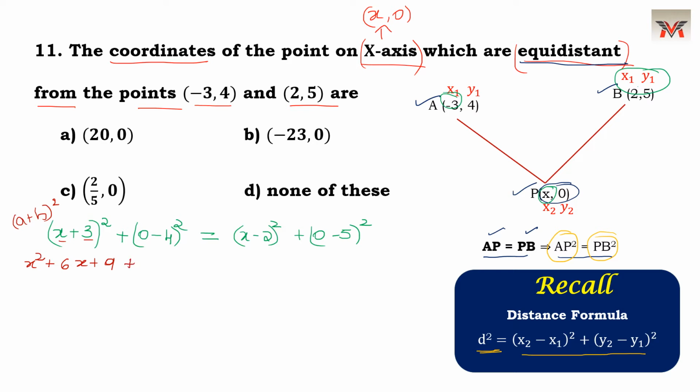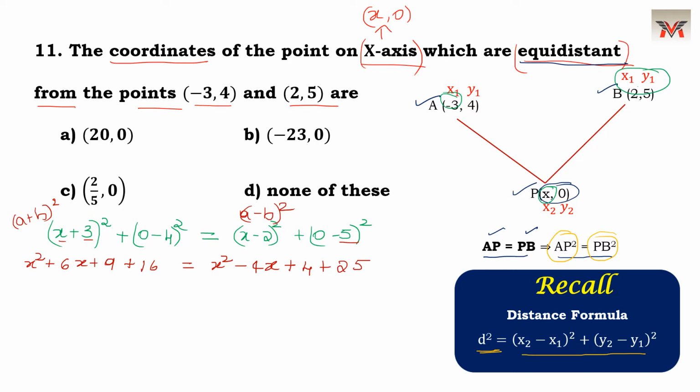Plus (minus 4) whole square, that is plus 16, because minus into minus becomes plus. This is equal to (x minus 2) whole square. Here you can use the (a minus b) whole square identity, a square minus 2ab. So it becomes x square minus 4x, 2 into x into 2 is 4x, plus 2 square, that is 4, plus (minus 5) whole square, that is 25.